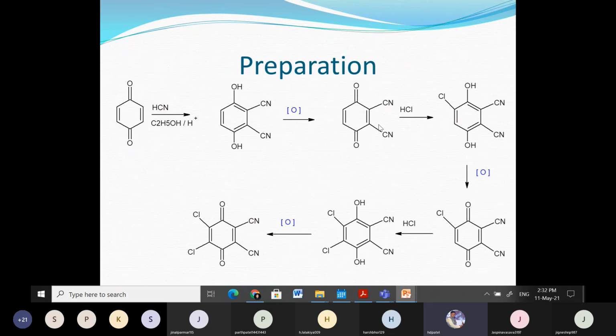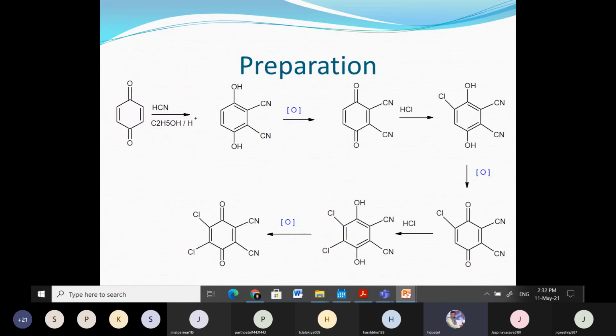That is DDQ. DDQ we can prepare from quinol, 1,4-dihydroxybenzene. Here this one is the quinone, but quinone we can prepare from quinol.